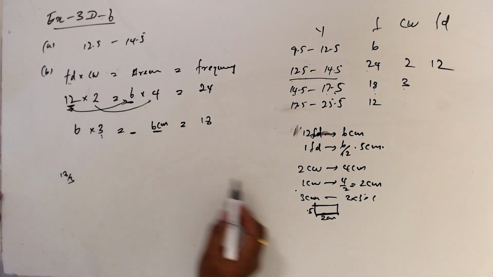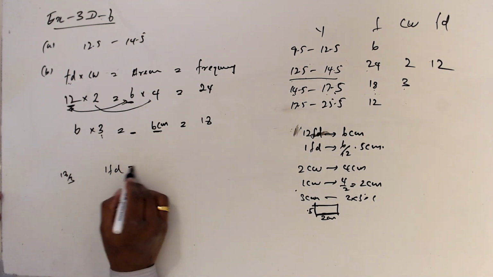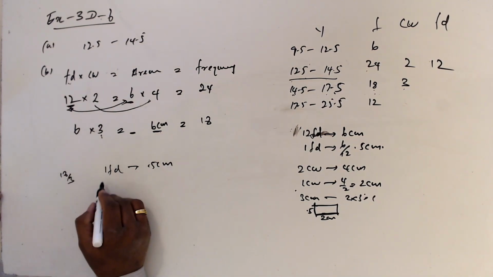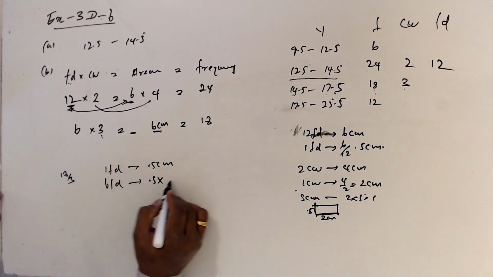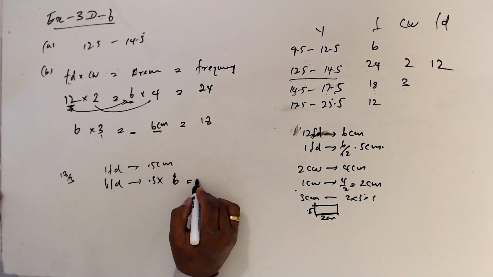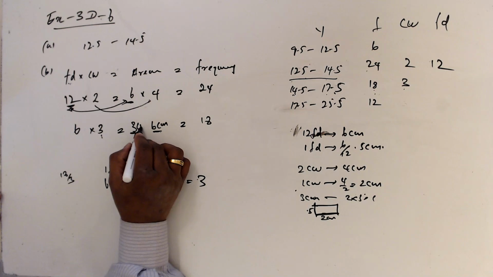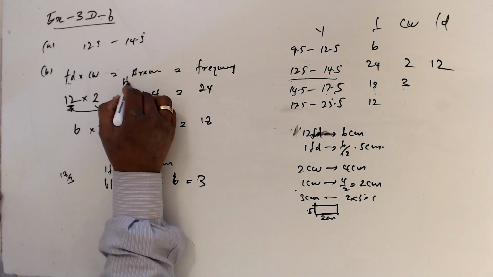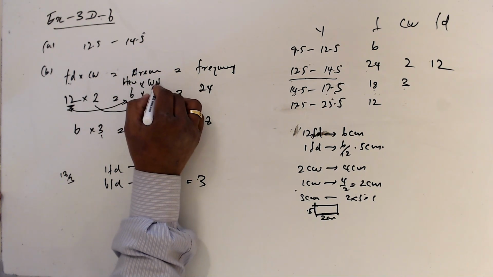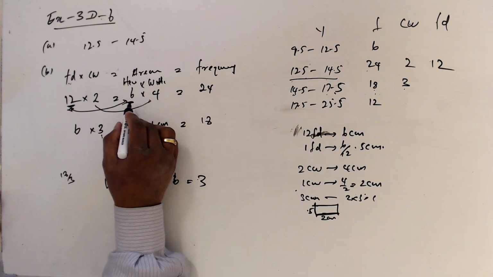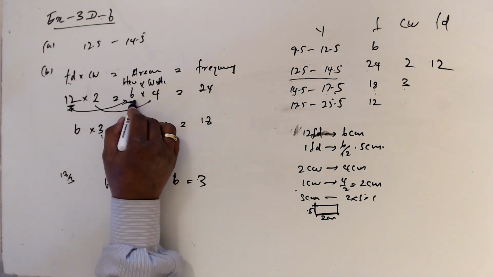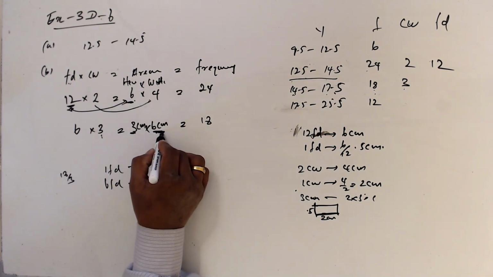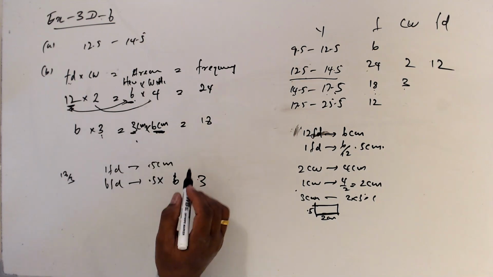So we know one frequency density is 0.5 centimeter, and we need 6 frequency densities. 0.5 times 6 is 3 centimeters. So this is height and this is width. That's how we start, right? Width is 6 centimeters, height is 3 centimeters.